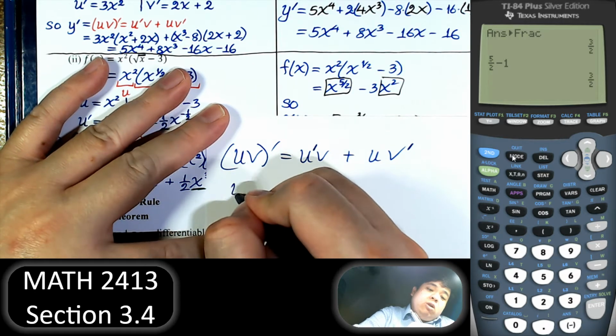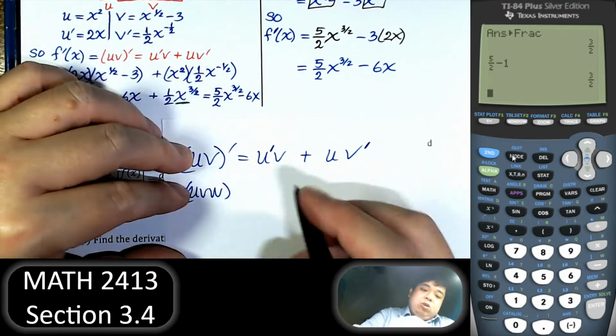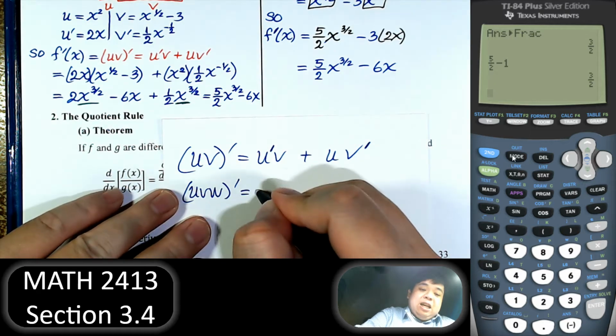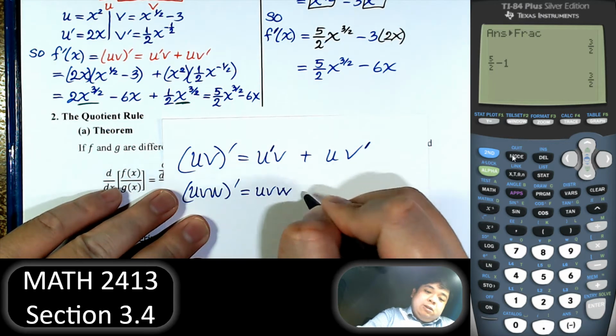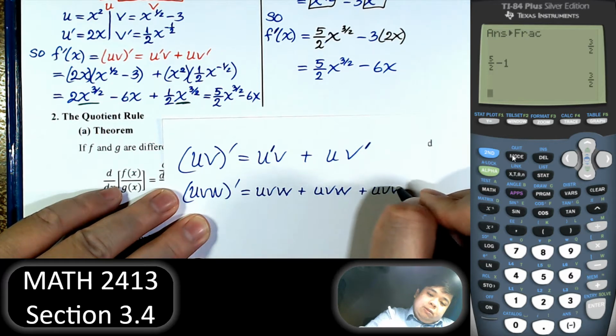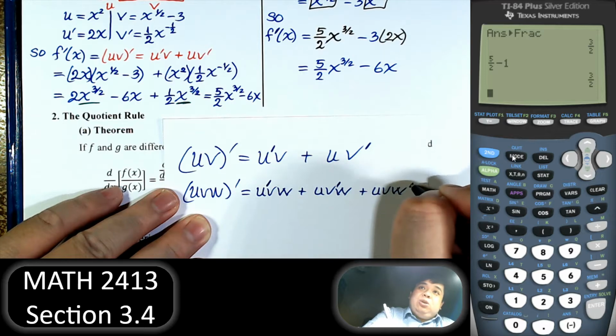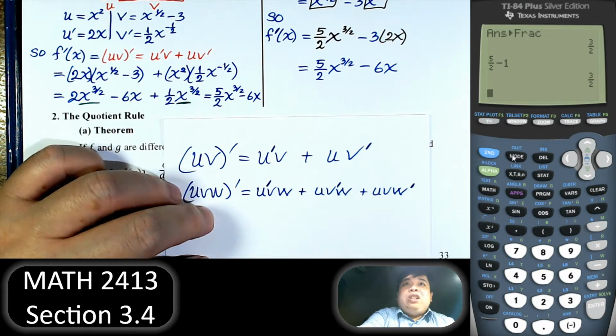Well, if there are 3 terms, then you will have 3 products, and the derivative will go from the first, the second, to the third. I hope you see the pattern.